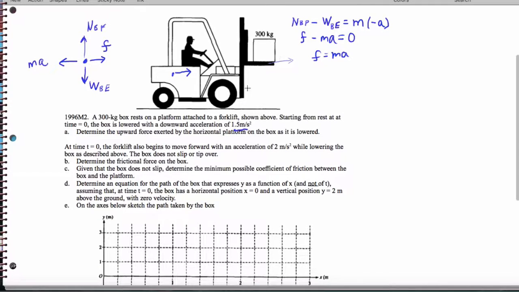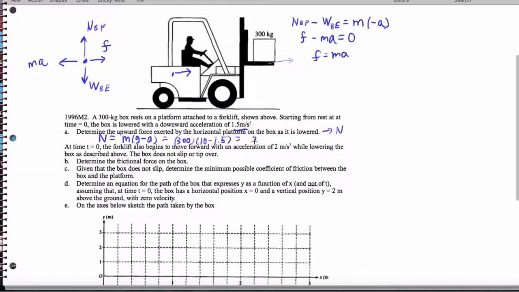For part A, the upward force of the horizontal platform on the box as it's lowered is basically a fancy word for the normal force. So we have the normal equals m times g minus a in parentheses, and that's going to be 300 times 10 minus 1.5. That's going to end up being, let's see, 2,700 minus 300.